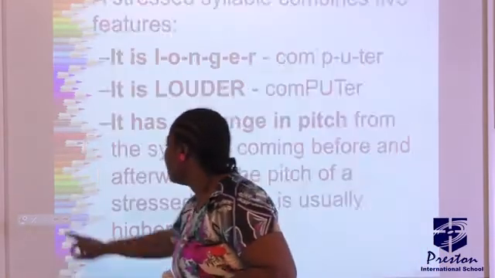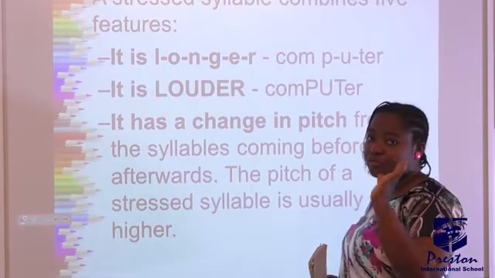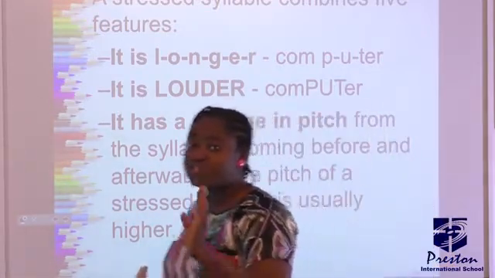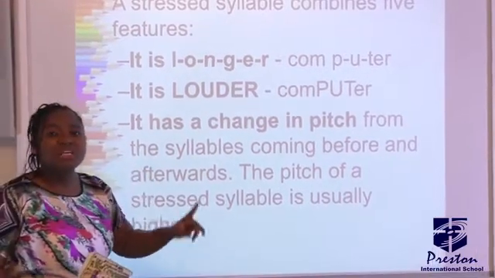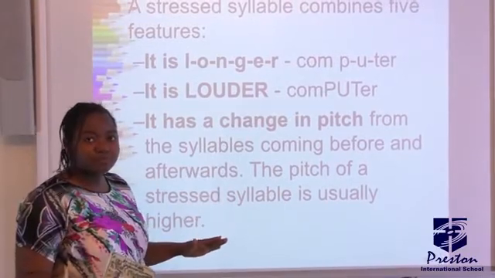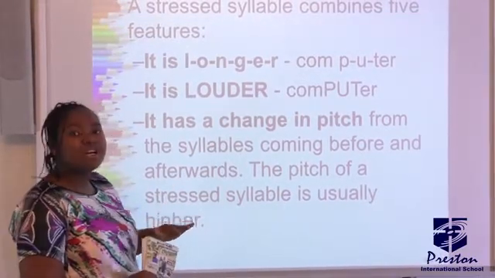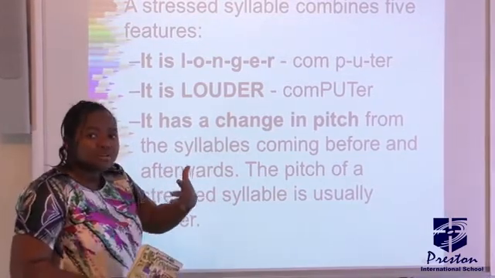Okay, let's move on. Then, I want us to look at five features for knowing a stressed syllable. First, the syllable is longer than other syllables in the word. That syllable is normally longer. Two, it is louder.